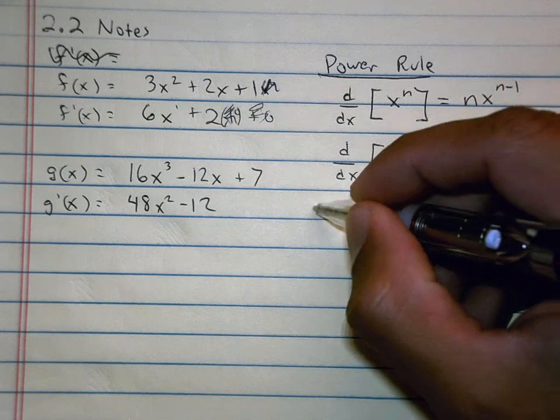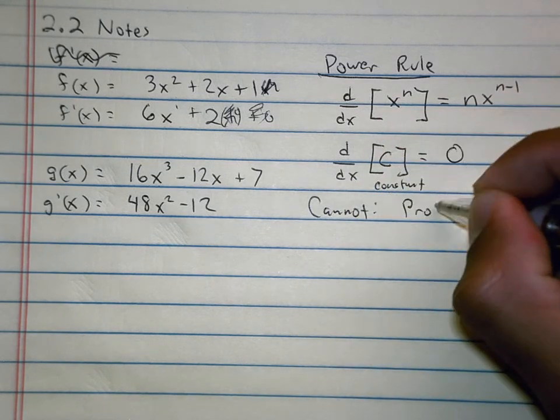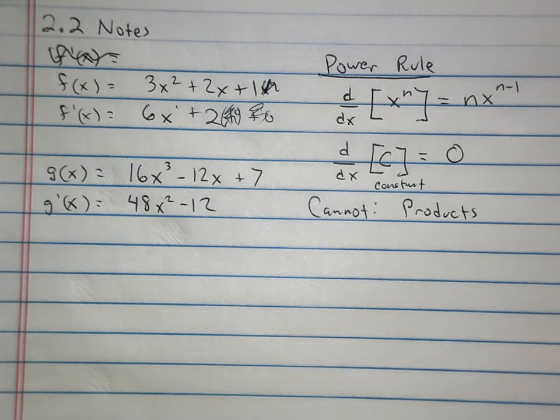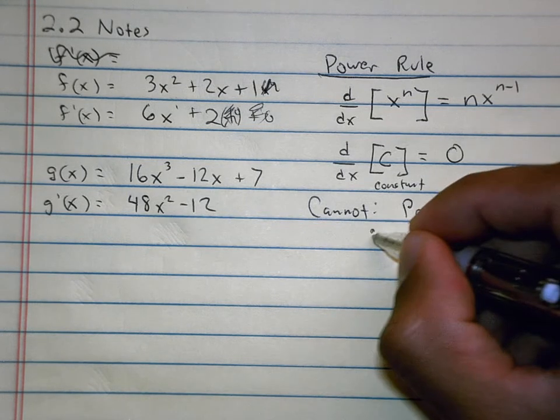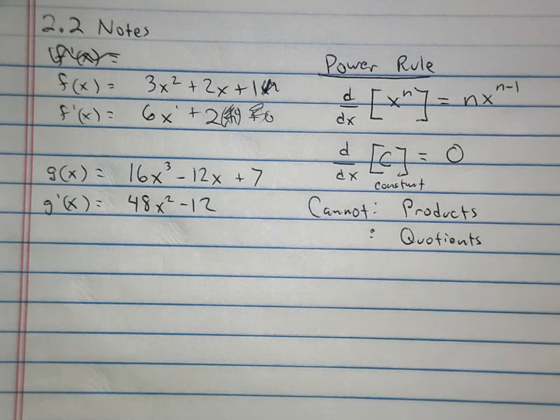I'll put cannot here. Cannot use it on products. You cannot use it on quotients. There are separate rules for products and quotients, which we will learn in section 3. But I want you to know about it now so you can learn ways around it.